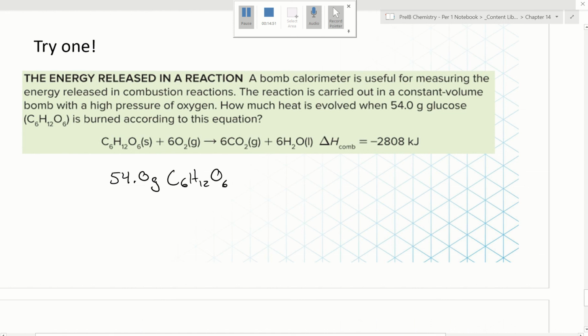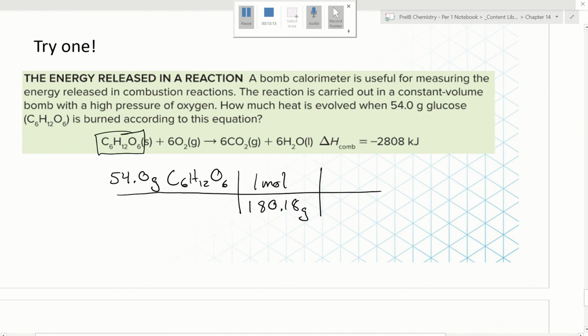And this is going to be almost the exact same calculation as the one before. We're going to say for every, and we have to figure out how many grams there are in 1 mole of glucose. All right, that's 180.18 grams of glucose in 1 mole of glucose. And then we're going to look here, we have 1 mole of glucose and negative 2,808 kilojoules.